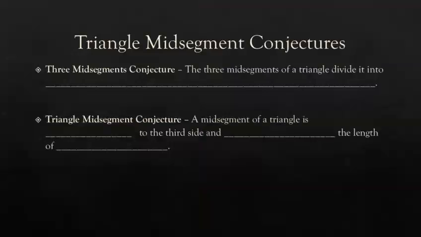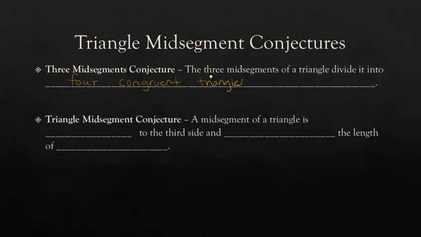So what are some conjectures that we can use here? Well, when we divided the triangle with the 3 midsegments, we found that it divided the triangle into 4 smaller congruent triangles. When we compared our two pieces of patty paper over and over, we found that we had congruent triangles within that big one.